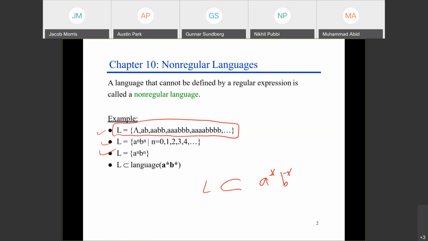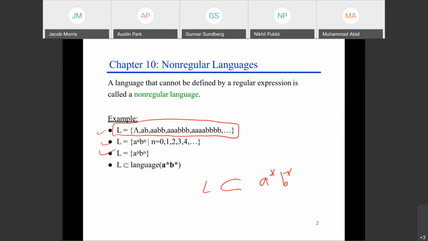So we can say that we can extract our language from this big language, but this big language is not exactly like our language. It is not equal to that. It is a superset of our language. So our language is a subset of a*b*.